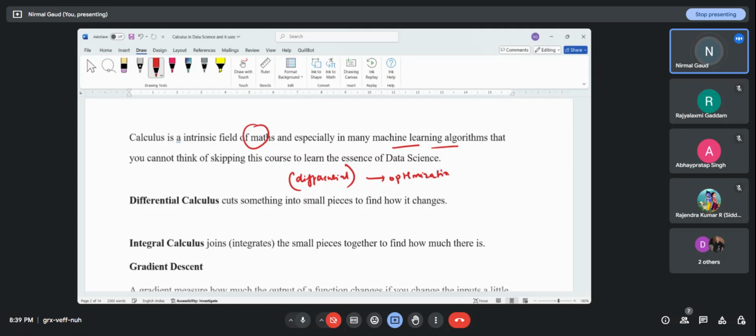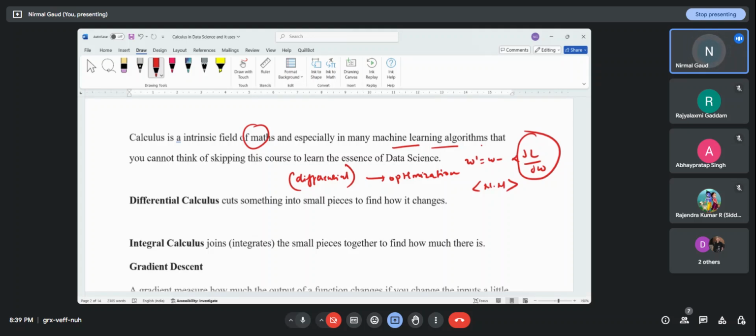We'll have an equation like this: w dash is equal to w minus alpha del L by del W. This is an equation which is used in neural networks, where we want to update the weights of neurons. So this equation is used, and you can see partial differentiation is applied here.